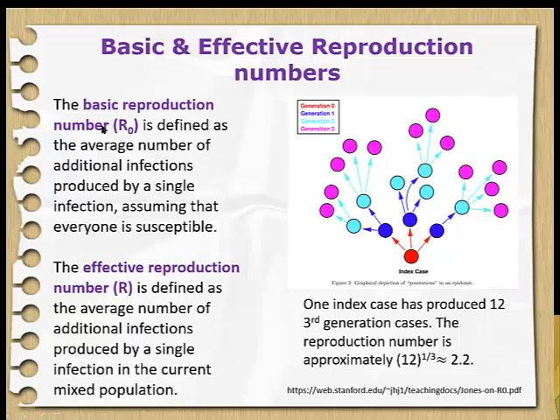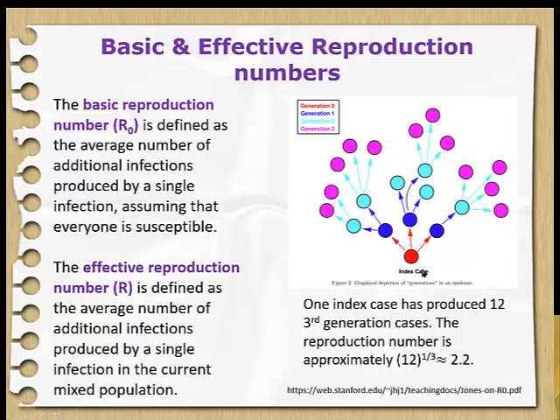The basic reproduction number, we use R0 as the symbol, is defined as the average number of additional infections produced by a single infection, assuming that everyone is susceptible. So we have a large population of susceptibles and one infected person. We want to know how many additional infected people that one infectious person will produce.